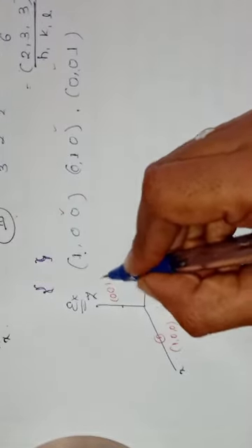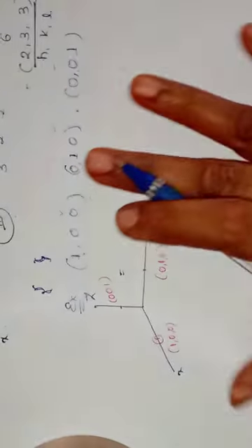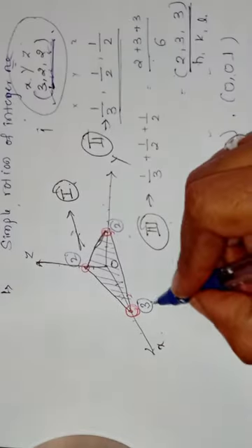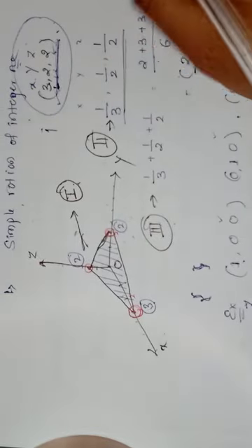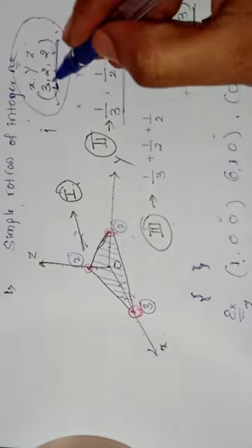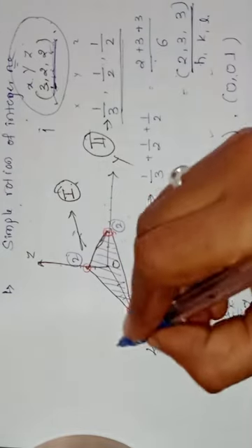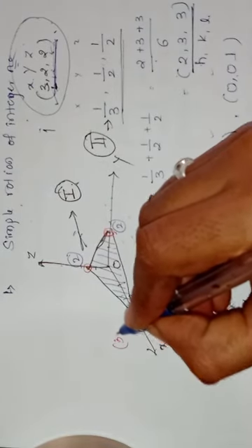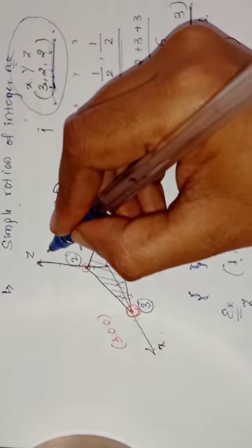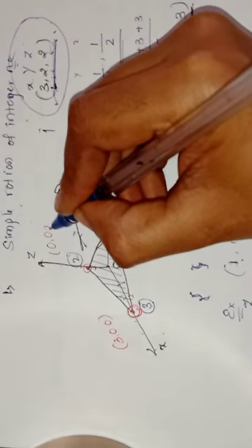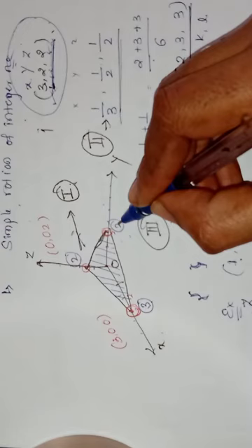0 0 1. Okay. In the previous example they had given 3 2 2. Directly they had given x y z. If we have to write this, it is 3 0 0. Here along the z-axis it is 0 0 2. This is along the y-axis.